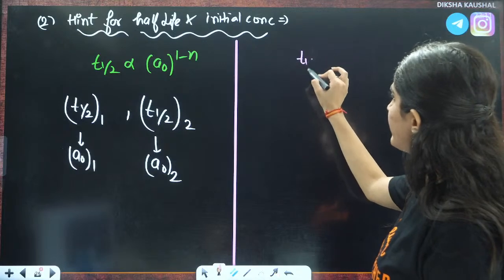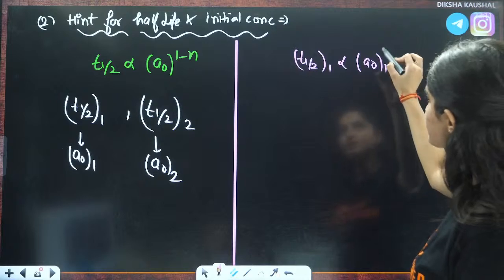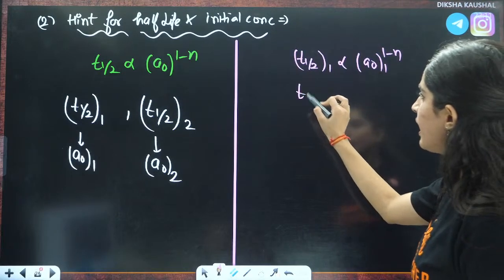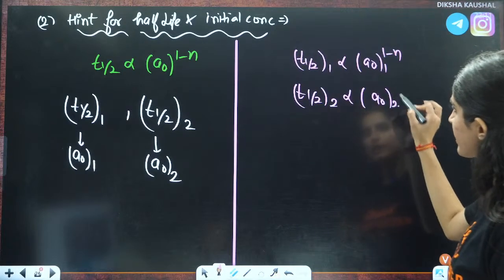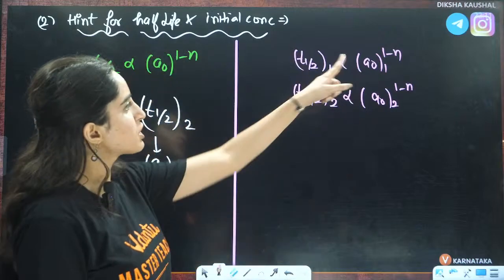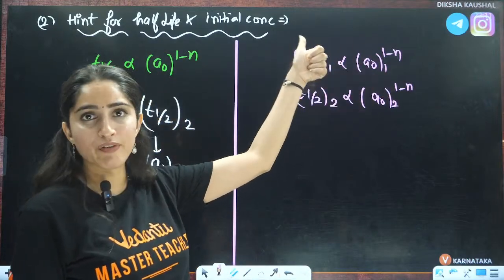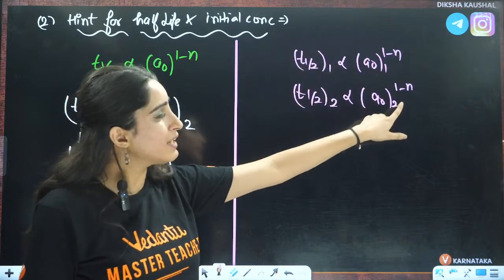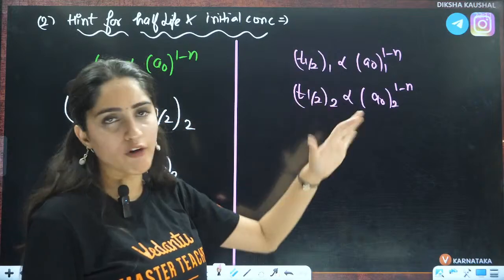So basically T half of 1 is directly proportional to A naught of first condition to the power 1 minus n, and T half of second is directly proportional to A naught of second to the power 1 minus n. Two conditions I am giving you. When your initial concentration is A naught 1, then T half is T half 1. When initial concentration is A naught 2, then T half is T half 2.